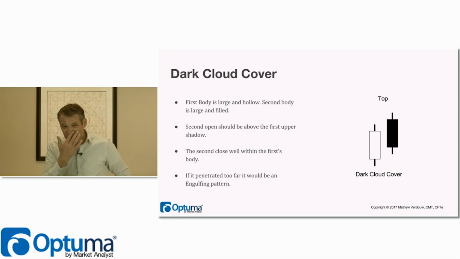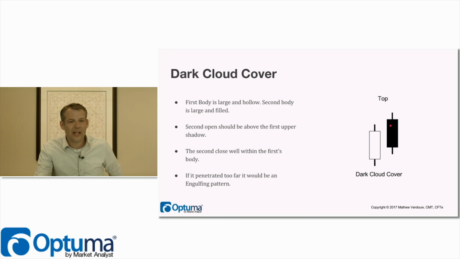Dark cloud cover. So it's got a hollow body here. This only happens at tops. It's more like a continuation pattern. So it's a bearish reversal pattern. We've got the hollow body here. The market's been going up.